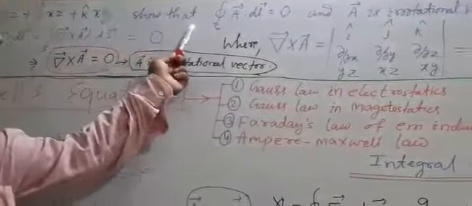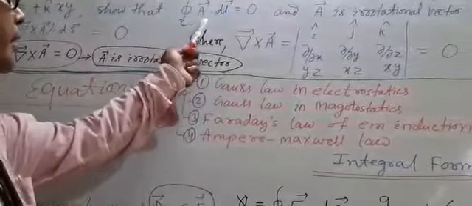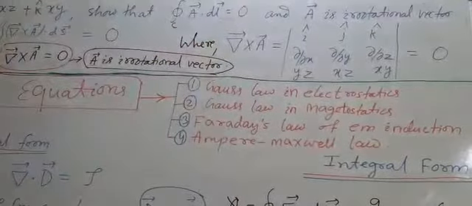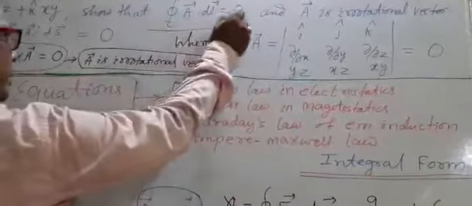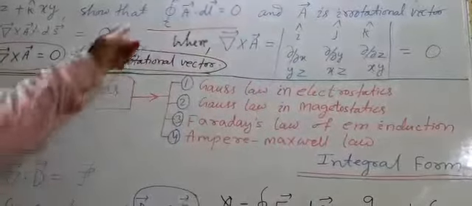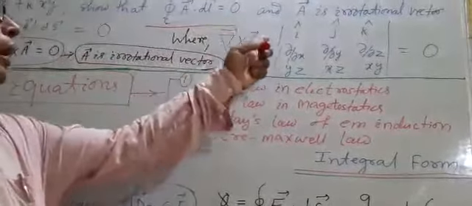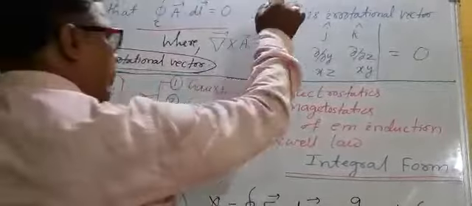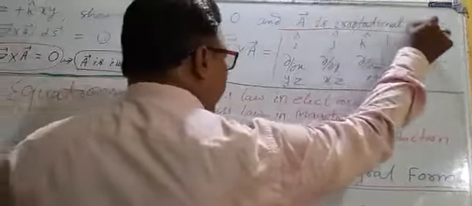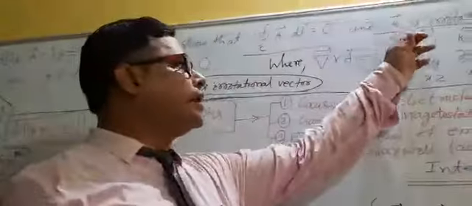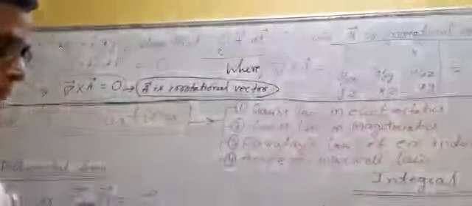You have to verify that the line integral of A dot dl is equal to 0. And another part: in the same problem, you have to show that A is an irrotational vector.